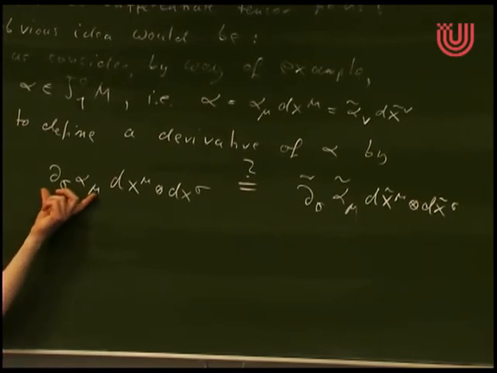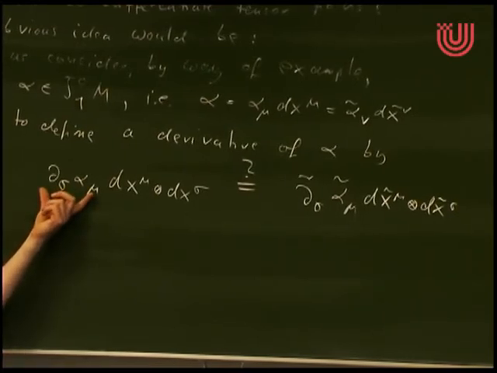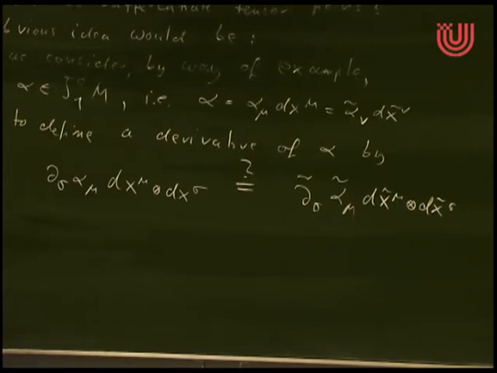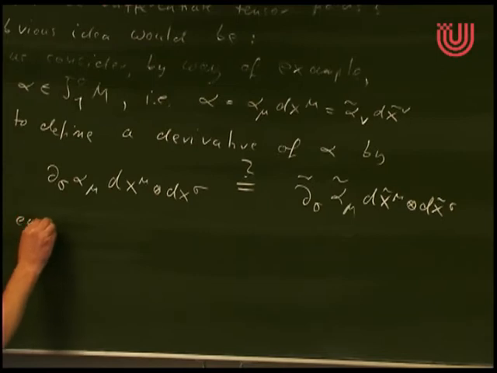I could form this derivative in any coordinate system I like, and I would get a sort of derivative for my alpha. But if you check this, and you will do this in the next worksheet, the equality does not hold.